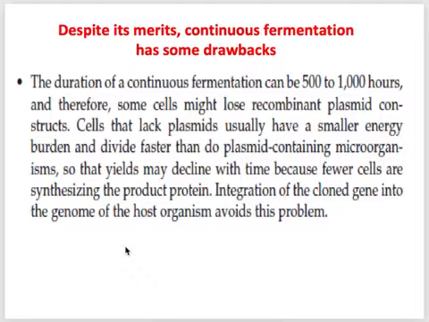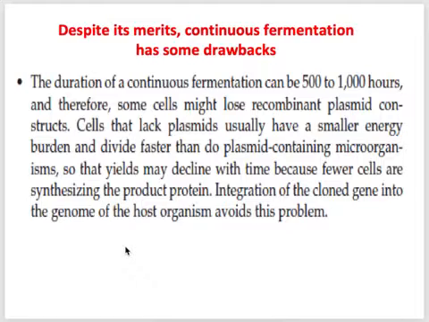So if it loses the plasmid, it will multiply faster, and it will overwhelm the recombinant microorganisms. The microorganisms free of that plasmid will grow, but will not produce any product. That means you will get less product here. However, this problem can be solved.